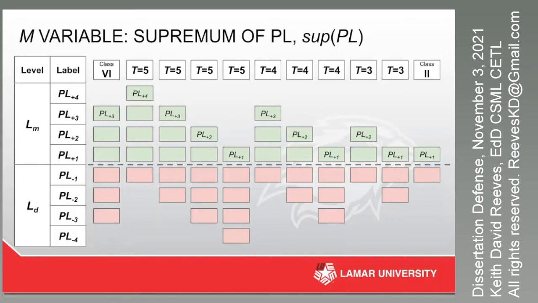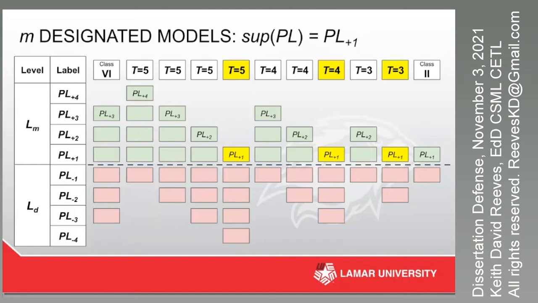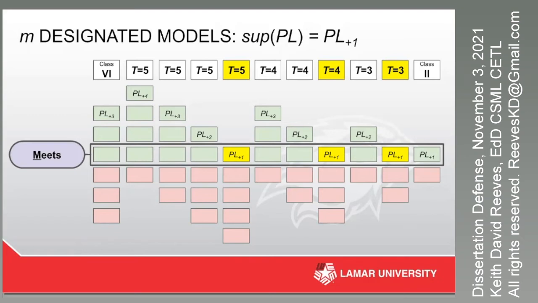I've now labeled the supremum in each class. Three of the remaining classes in the taxonomy have a supremum of PL plus 1, which makes them unique. When a class has a unique attribute, it's a great basis for a name. We call these the M-designated models with a lowercase m. Why?